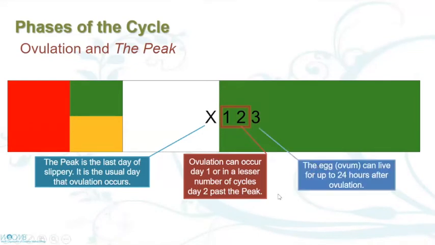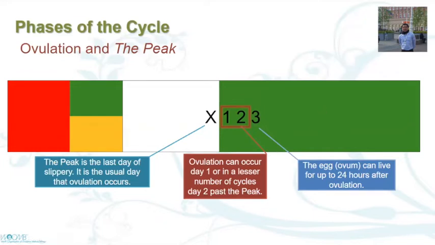Okay? The egg is still alive during the 3rd day. If ovulation takes place on day 2, the life of the egg is 24 hours, so absolutely, the egg is still alive on day 3 and the cervix is still open.